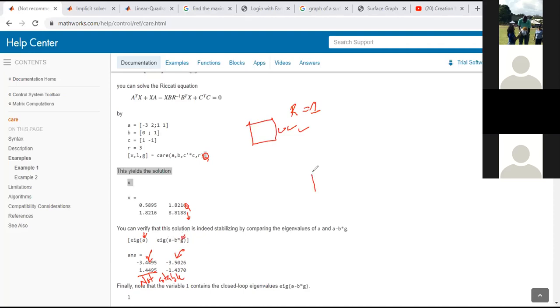And for the new system, when you apply the gains, what we are asking is what kind of system do we have?